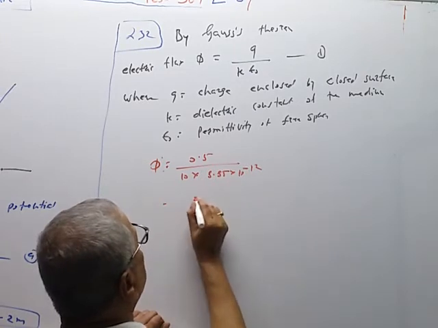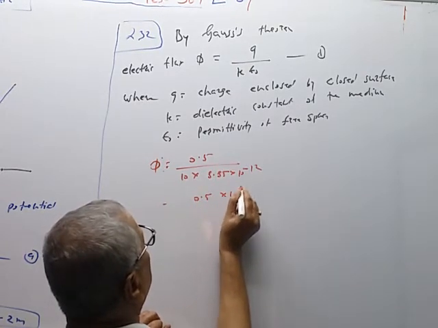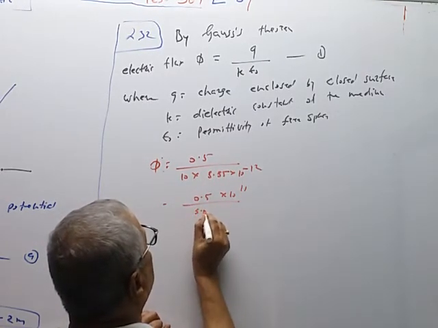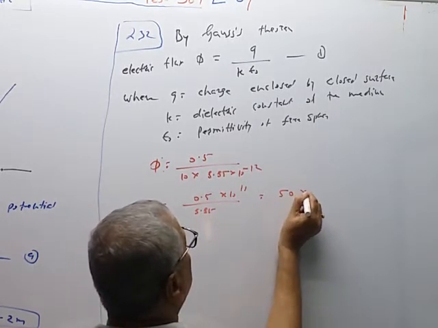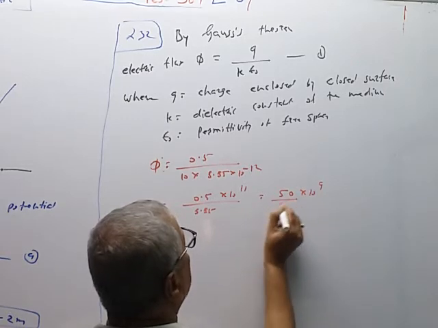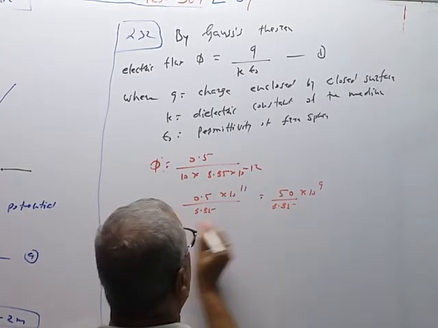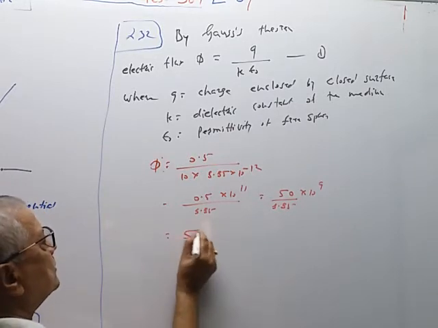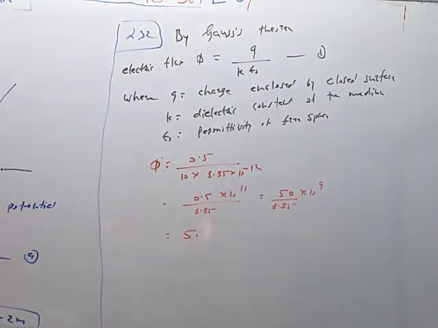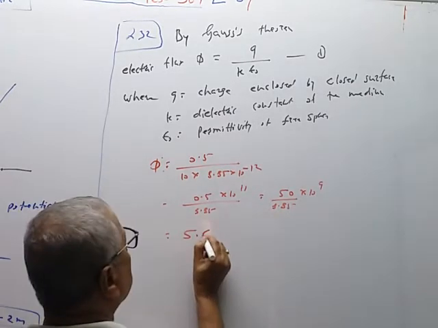So this will become 11. So 0.5 into 10 raised to 11 upon 8.85. So this is equal to 50 into 10 raised to 9 upon 8.85. So this is nearly 9. So answer would be 5 point something. So 5.65. This ratio will be nearly.